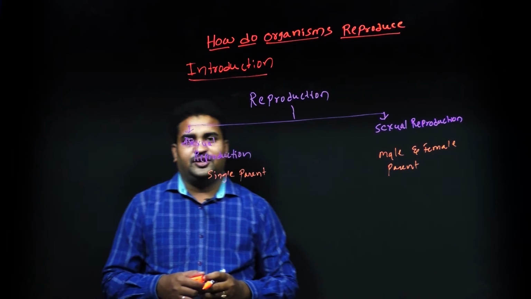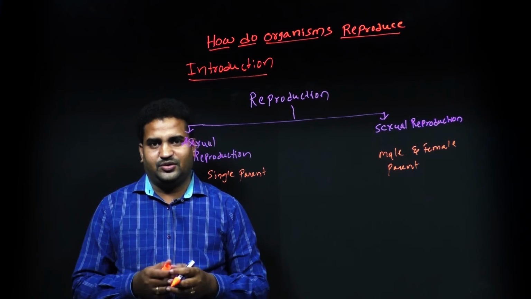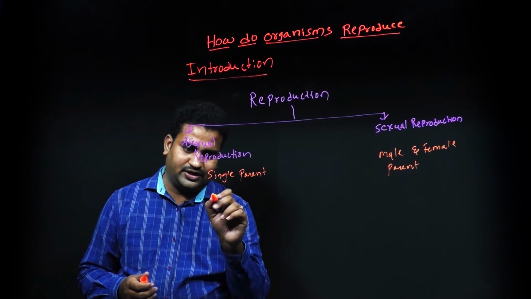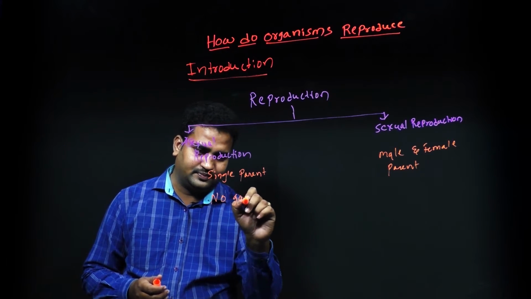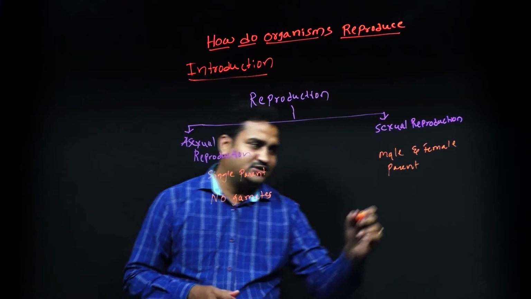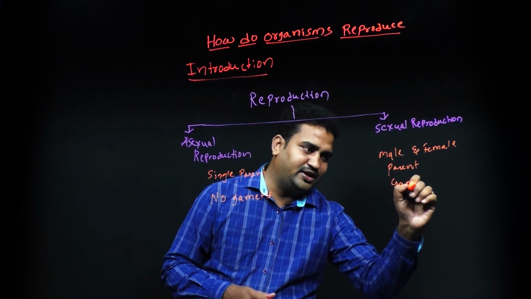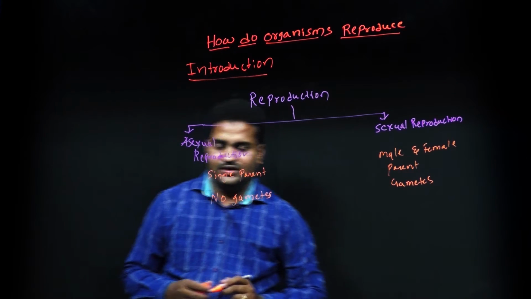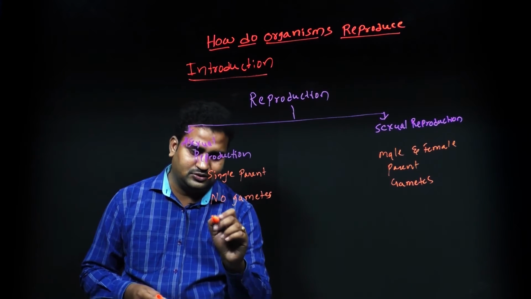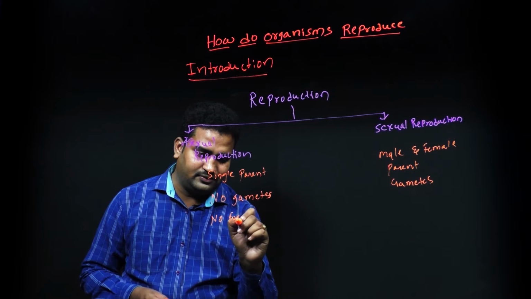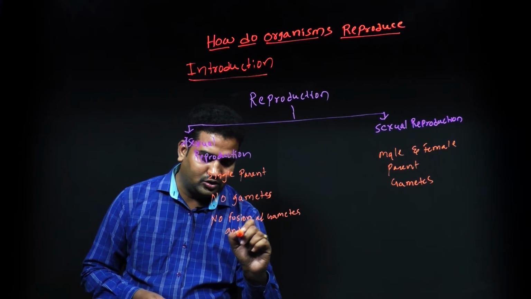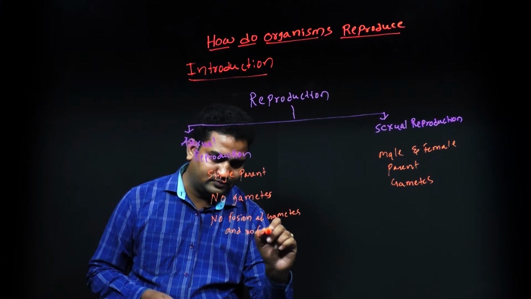In asexual reproduction, there is no formation of gametes. But in sexual reproduction, there is formation of male and female gametes. In asexual reproduction, there is no fusion of gametes and no formation of zygote.